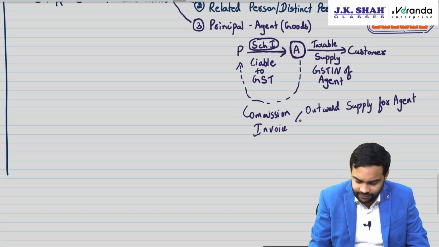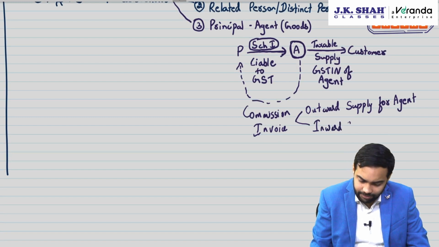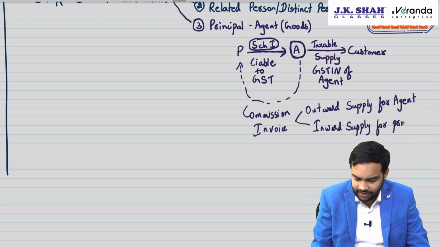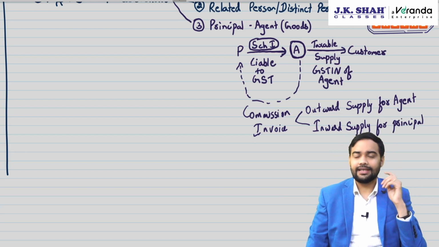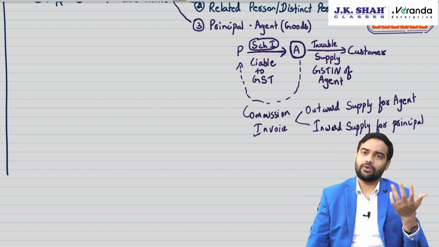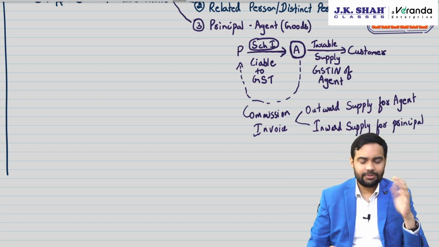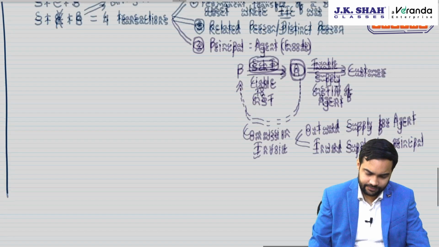And hence for principal it will be inward supply. So it depends on from whose angle you are solving a sum. Be very careful of inward and outward. Don't make a mistake in giving treatment of output and input. So be careful on this transaction.